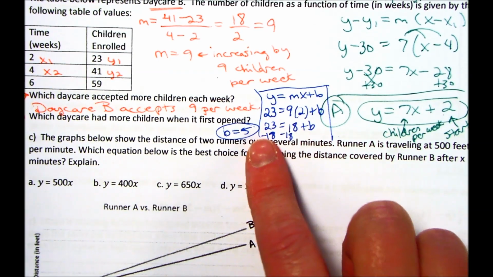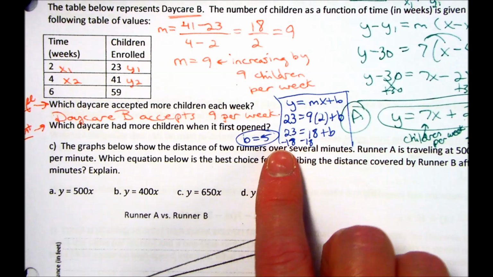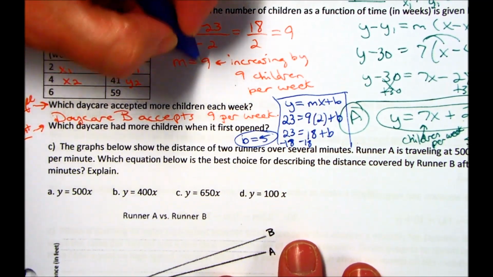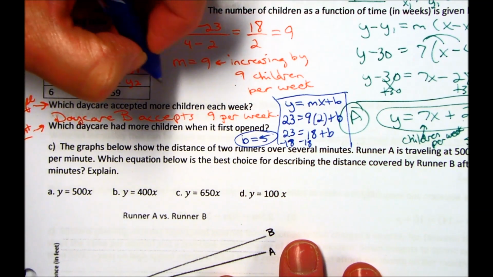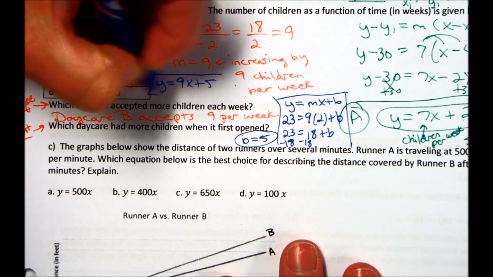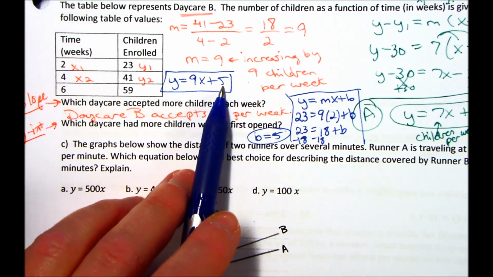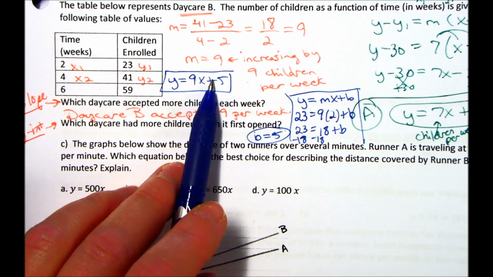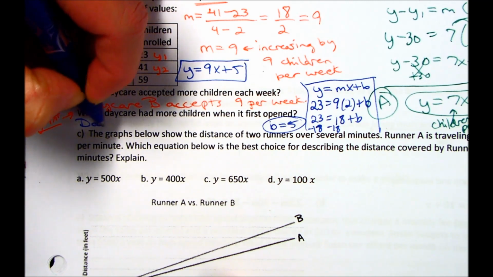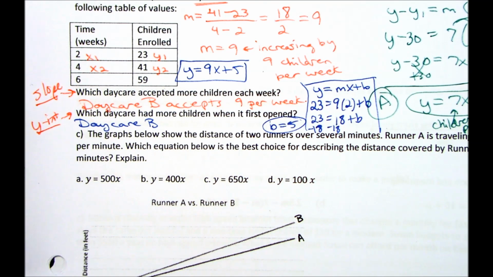So the y-intercept, or the starting value, the number of children they had in the beginning, was 5 for daycare B. So if we had to write an equation to represent daycare B, we would say y equals 9x plus 5, where 9 is the number of children they're increasing by per week, and 5 is the number of children they started with. So again, it's going to be daycare B, because they started with 5.